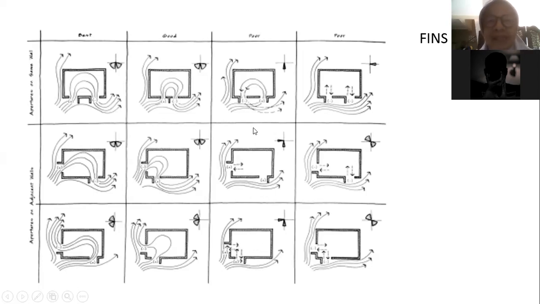We can see here the distribution, the effectiveness of the natural ventilation occurs when the flow of air movement is distributed evenly inside the building, inside the room.